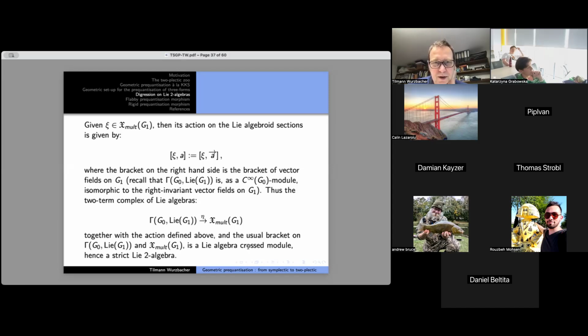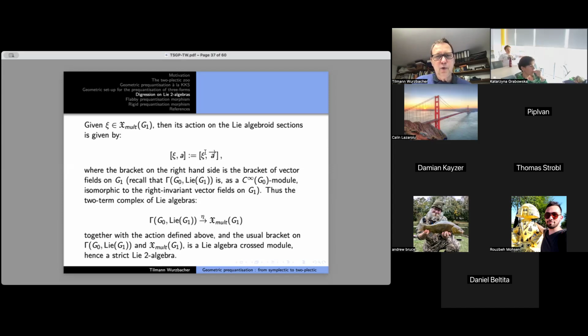There's a natural crossed module. So I have these multiplicative vector fields, and they act on Lie algebroid sections in the following way. I take the right invariant vector field associated to A. I have the multiplicative vector field.